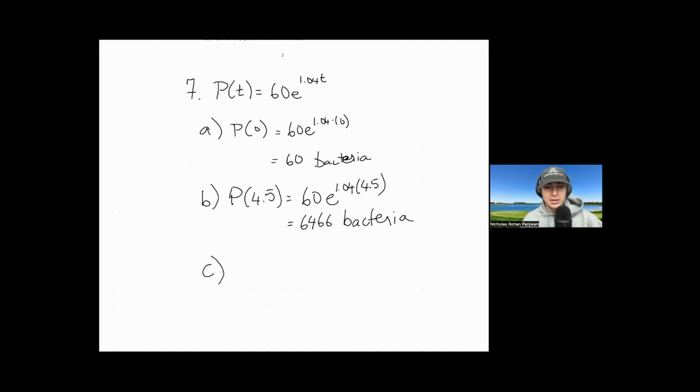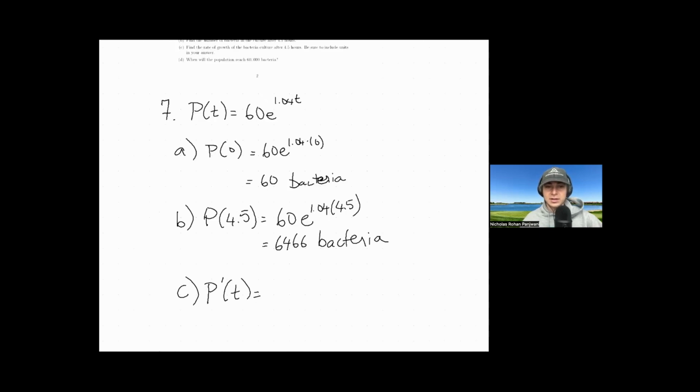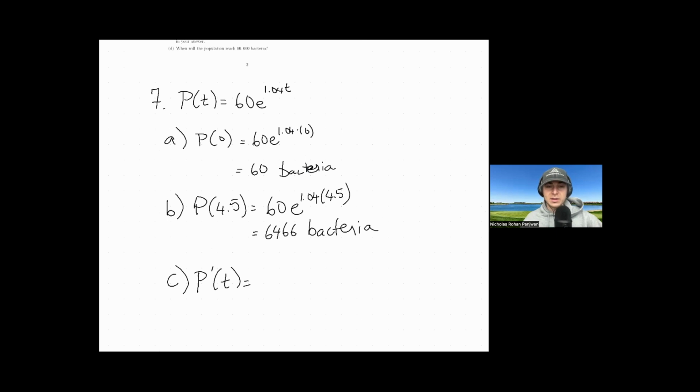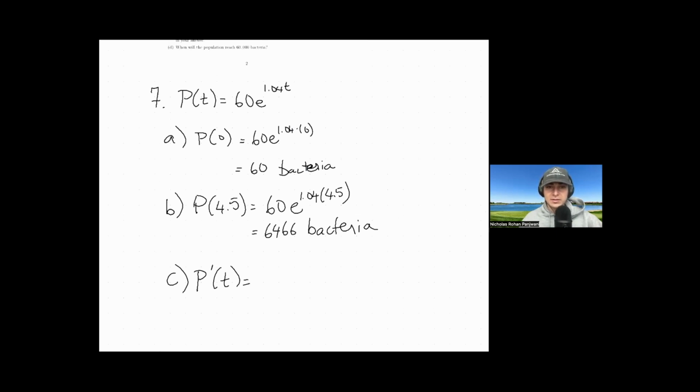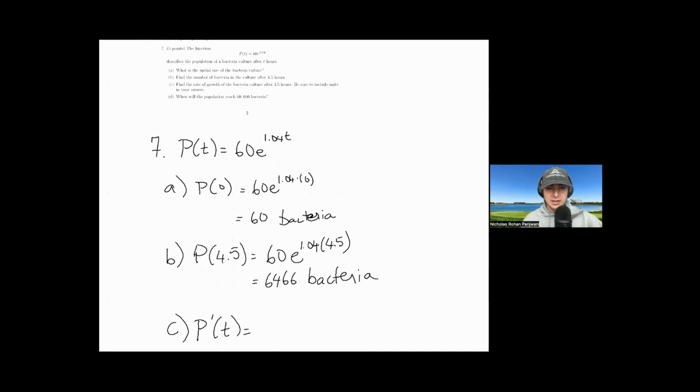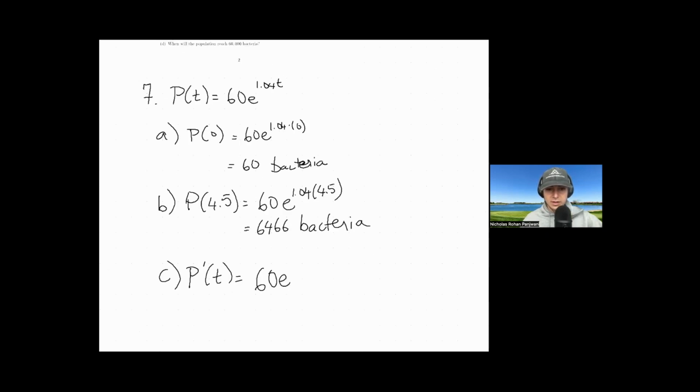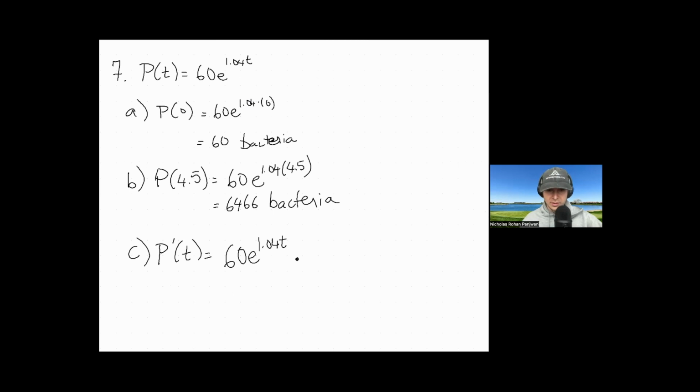So P prime of t. Anything with this overall form, e to the x or e to the t, the derivative is going to be as is, but multiplied times the derivative of the exponent. And we covered that in, I believe, part 1 of this video. So it's going to be 60 e to the 1.04 t times the derivative of 1.04 t, which is just 1.04.